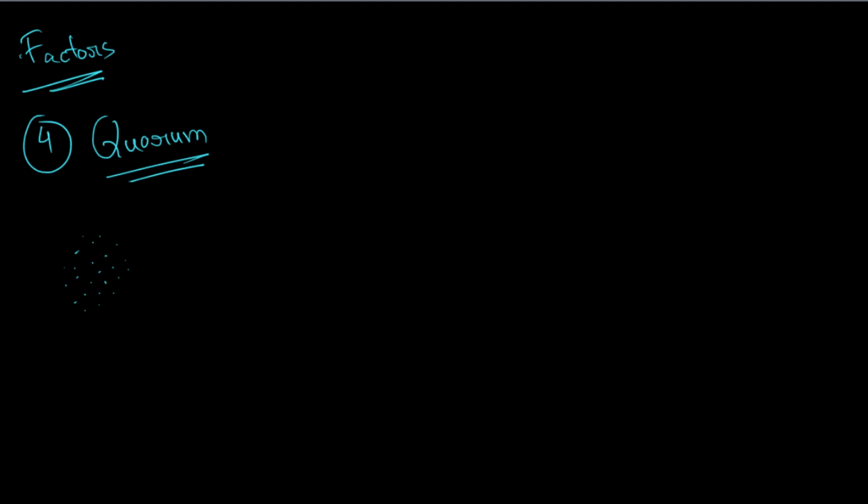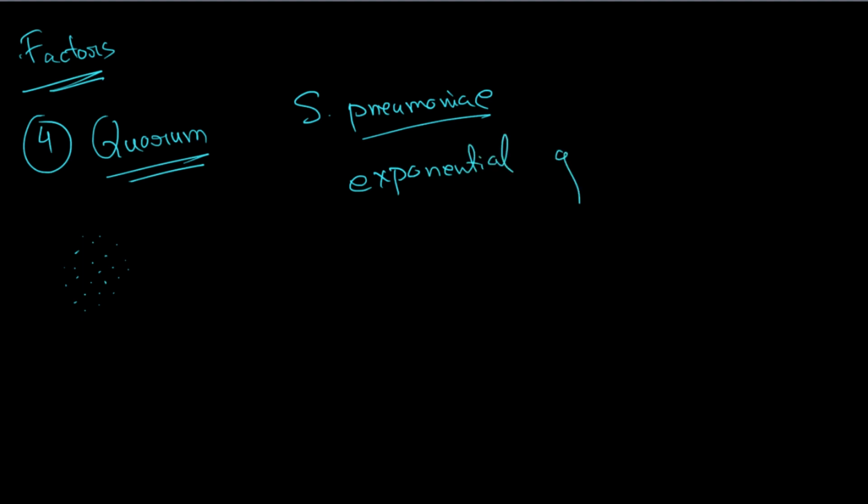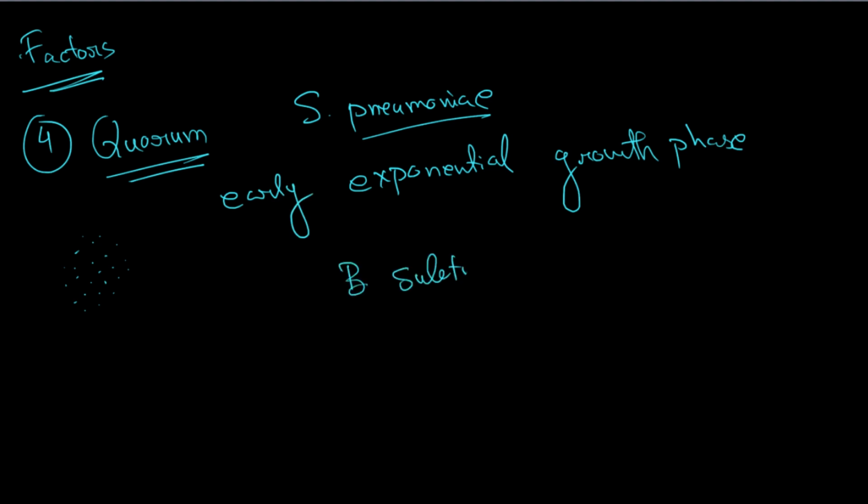For example, in Streptococcus pneumoniae, the bacteria becomes competent during the exponential growth phase, particularly the early exponential growth phase. Similarly, in Bacillus subtilis, the bacteria becomes competent when it undergoes stationary phase.